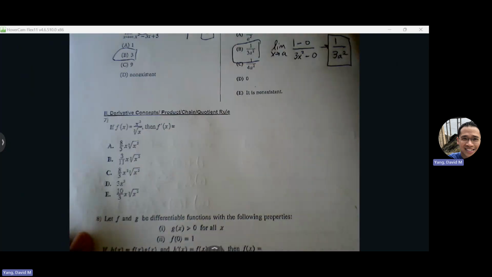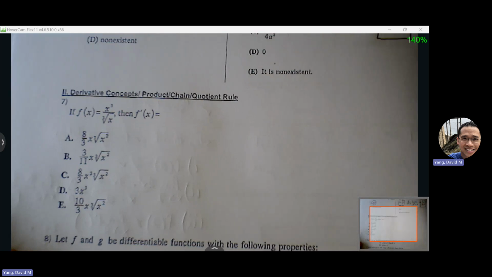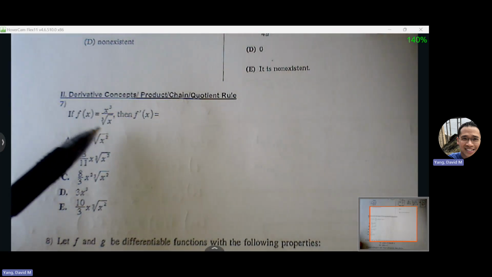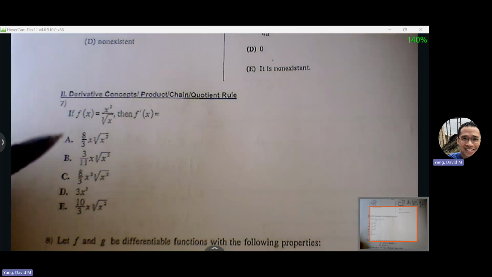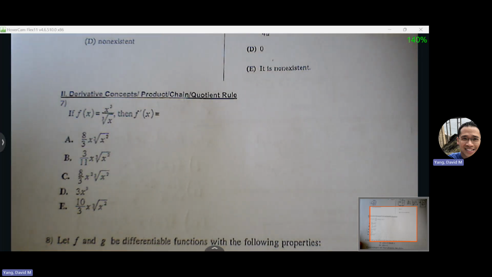Remember, we only do quotient rule if we have multiple terms in the denominator, right? We know that there's a more preferred path. If there's a single term in the denominator, we should just bring it up and rely on power rule. So this is kind of disguising itself as quotient rule, but really we should be thinking power rule here.